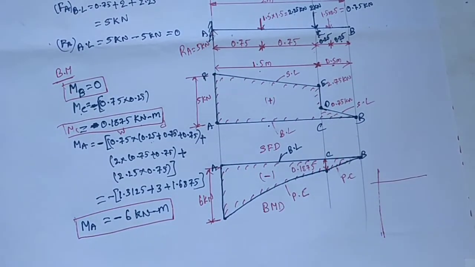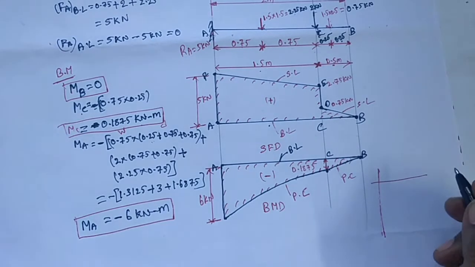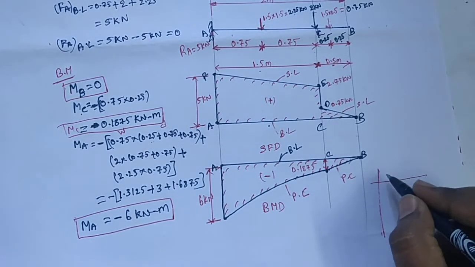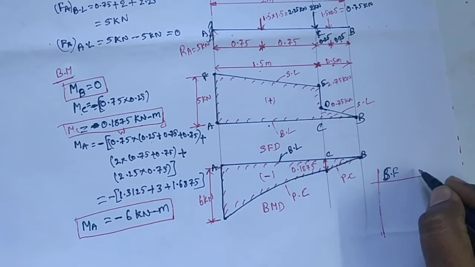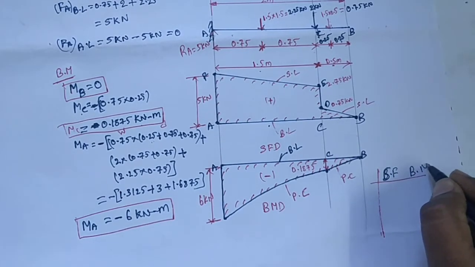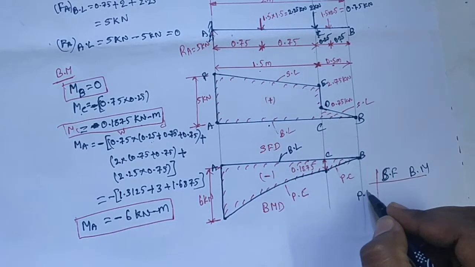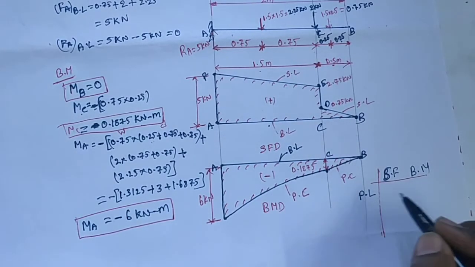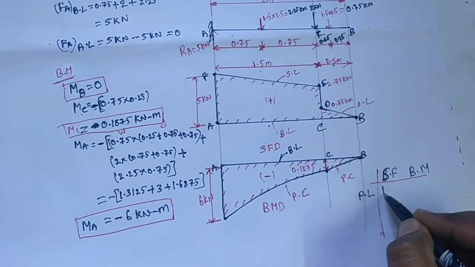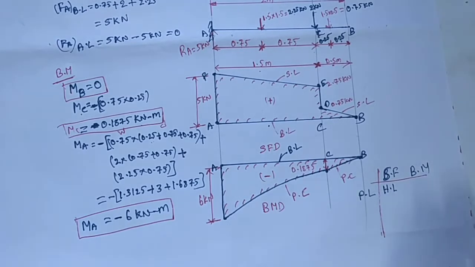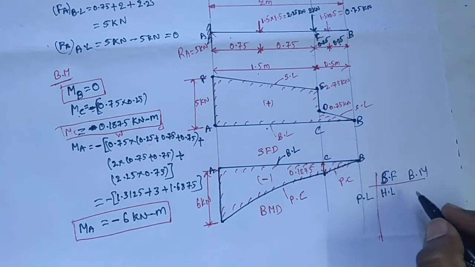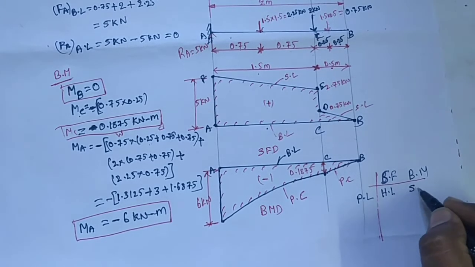This one is the shear force diagram, and this one is the bending moment diagram. For point load, whenever we are acting point load, the shear force diagram variation from one point to another is a horizontal line. Similarly, the bending moment is a straight line.